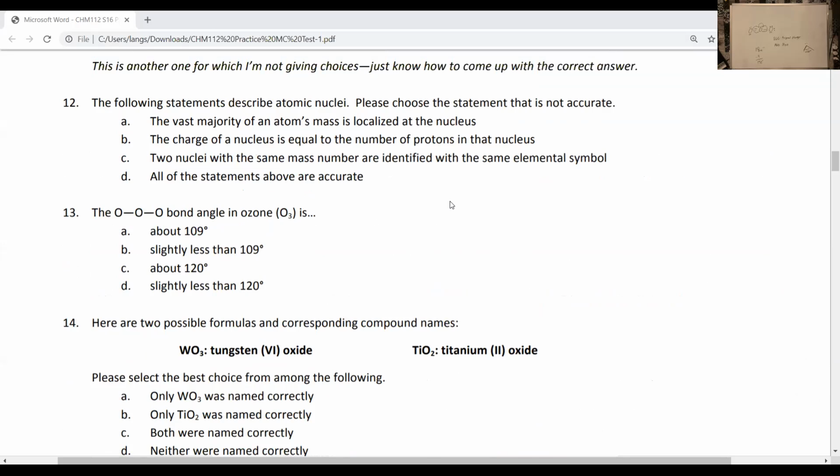I'm just going to go get some molecules and we'll draw them, and then we'll identify their electron group geometry and stuff.